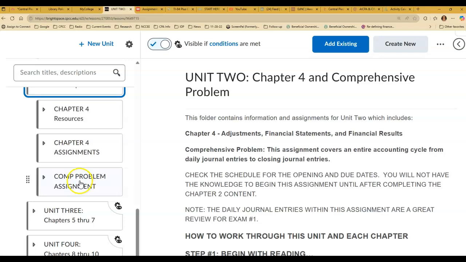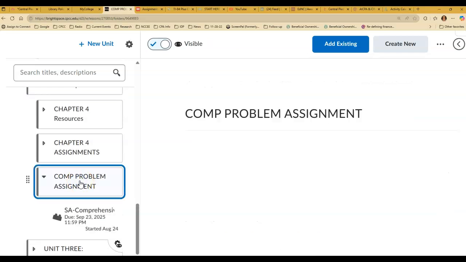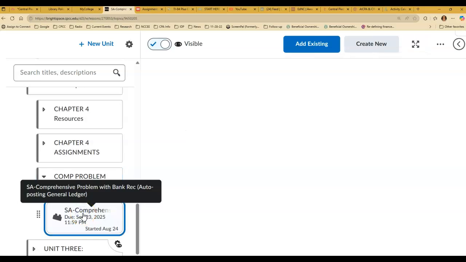There's your comprehensive problem assignment. Now, keep in mind, under Unit 2, it's only Chapter 4 and the comprehensive problem. You won't have enough information in Chapter 4 to complete the comprehensive problem, because we still need a little bit in 5 and I think a little bit in 6 to sort of finish it off. But you can go ahead and start that if you wanted to.